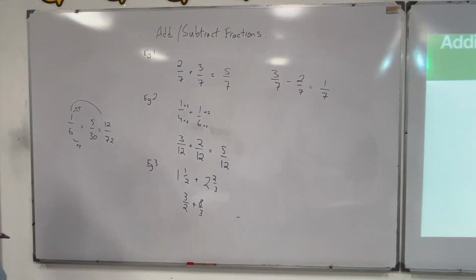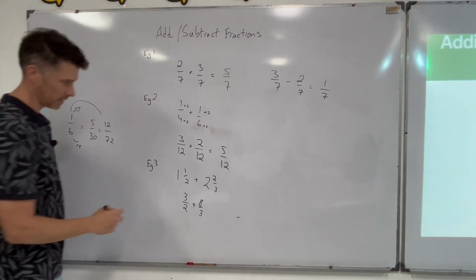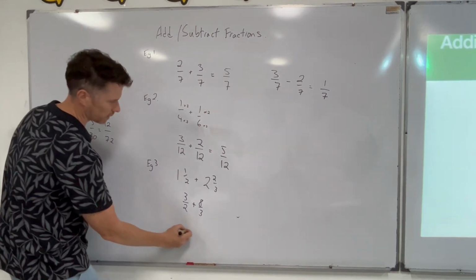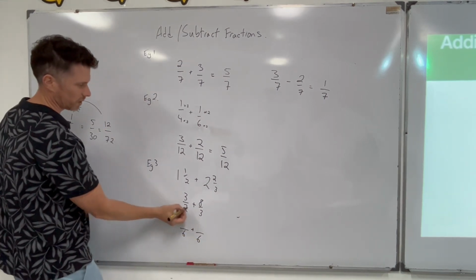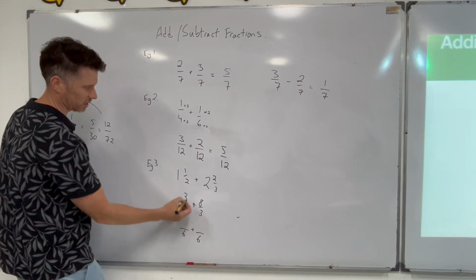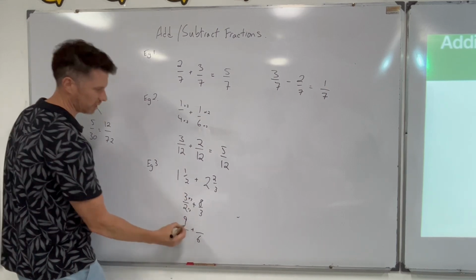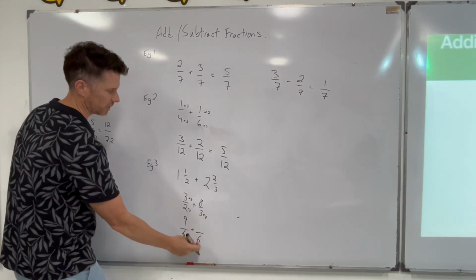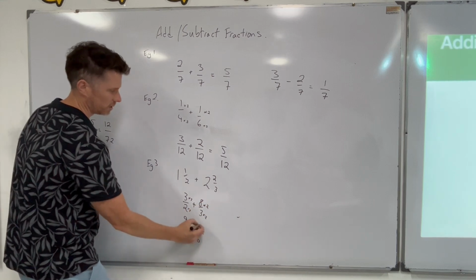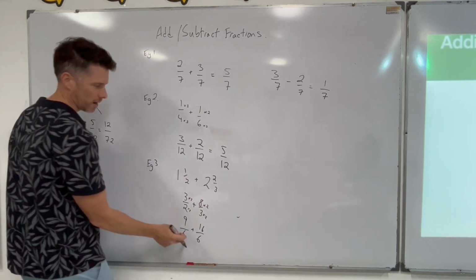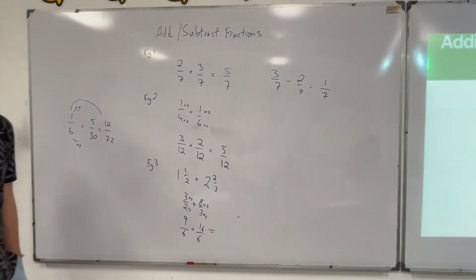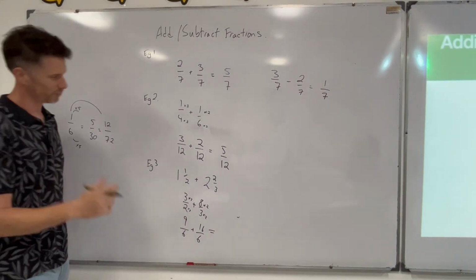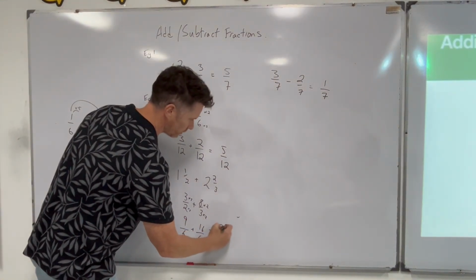What's my best option here? 6, yes, because 2 and 3 both divide into 6. Right, so I must multiply this one by 3 to get to 6. So the top's multiplied by 3, which is 9. This one has to be doubled to get to 6, so the top is doubled, 16. And now we have the same denominator, so I'm ready to do my answer, which is 25 over 6.